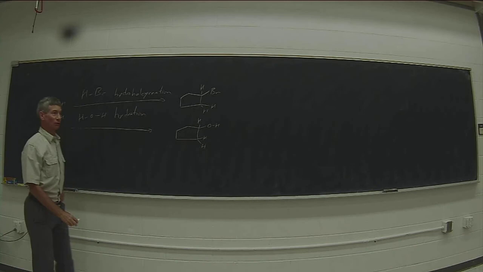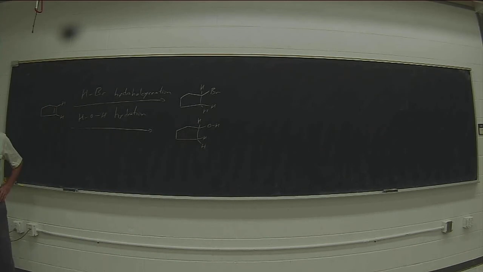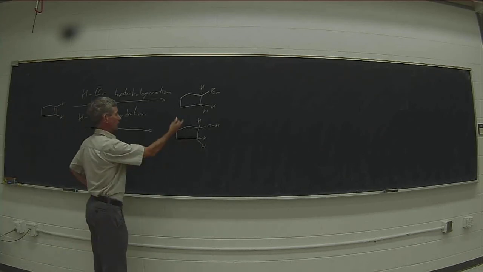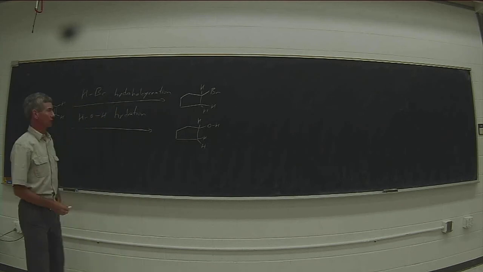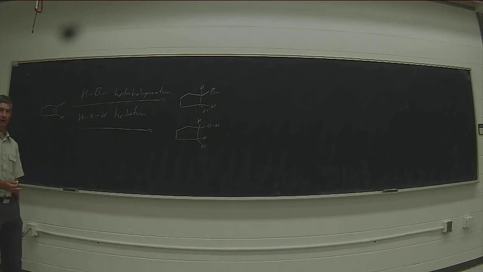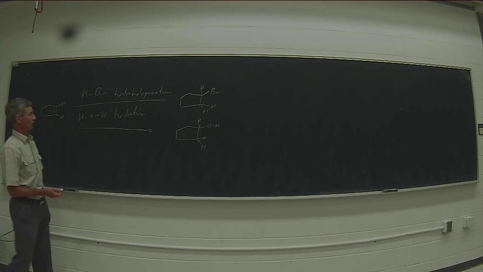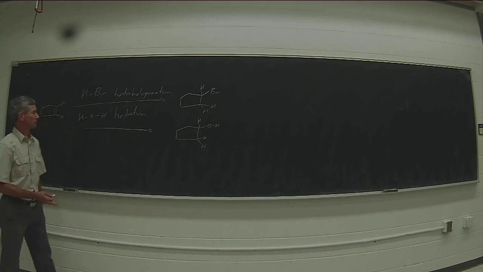In this case, since we're working with a symmetrical alkene, there's no stereochemistry, so it's not possible in this particular reaction to investigate the regiochemistry or the stereochemistry of the reaction.